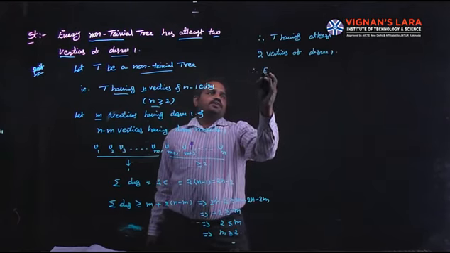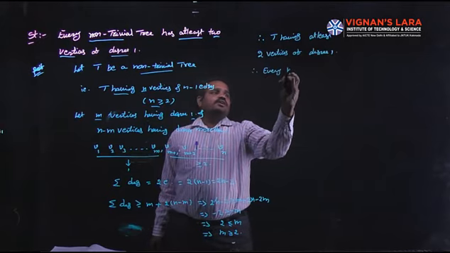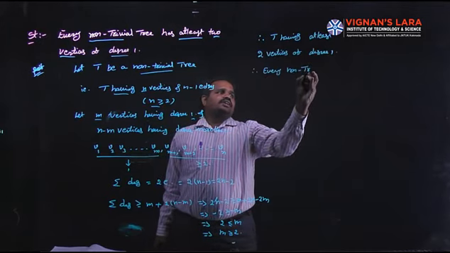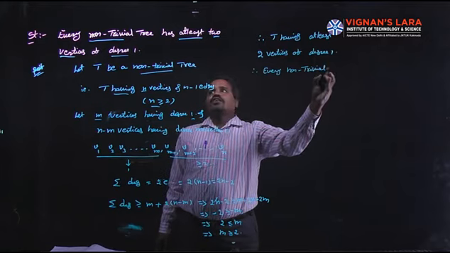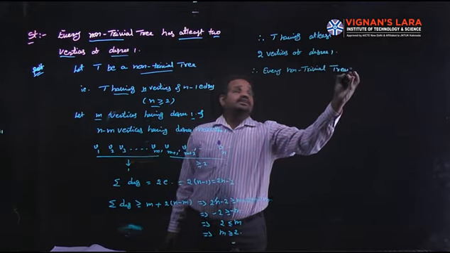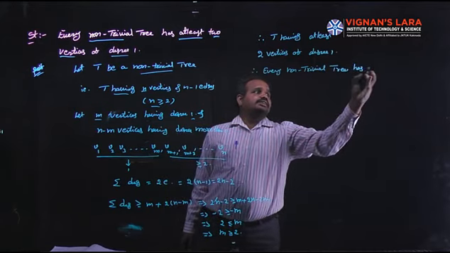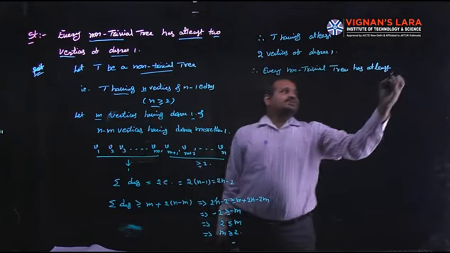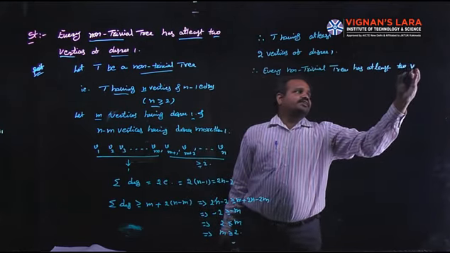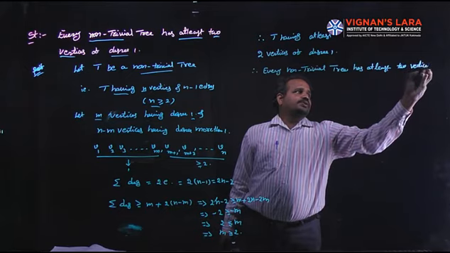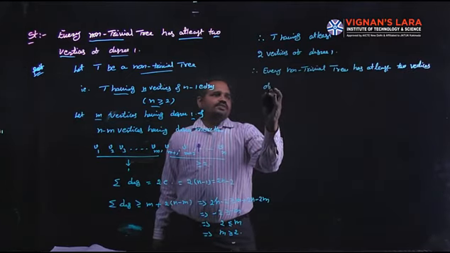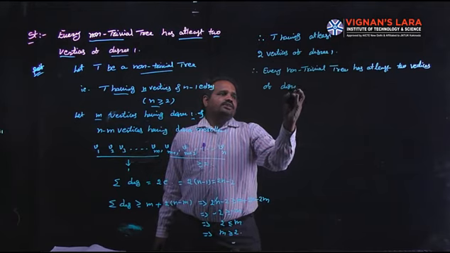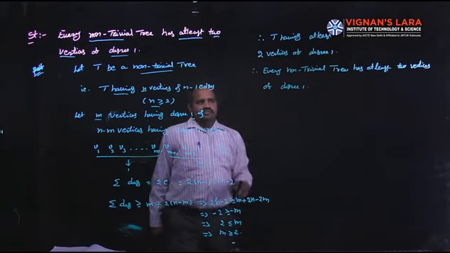Therefore, every non-trivial tree has at least 2 vertices of degree 1. So this is the proof of the given statement.